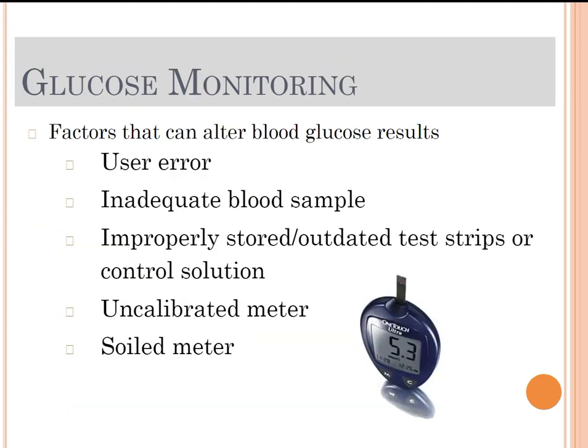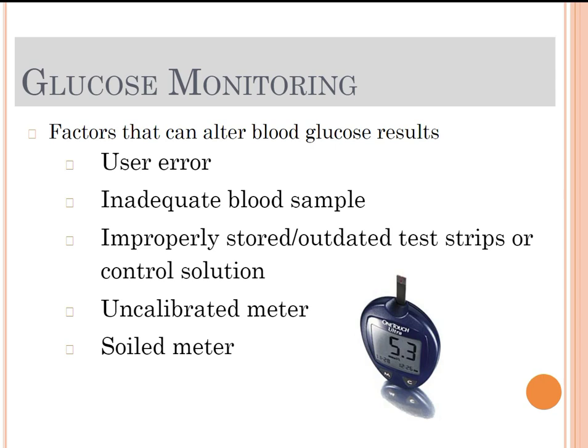Blood glucose monitors are effective and accurate for monitoring diabetes mellitus management. However, there are several factors that can affect blood glucose results. Because of this, patient education and education of caregivers on correct use and care of the monitors and equipment is a nursing priority, particularly for the client who is managing their diabetes at home.